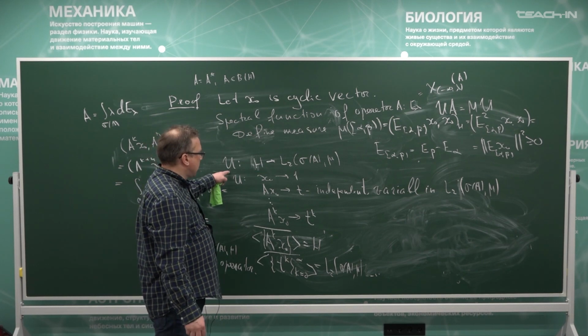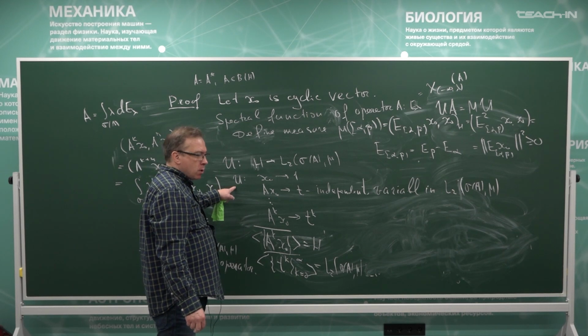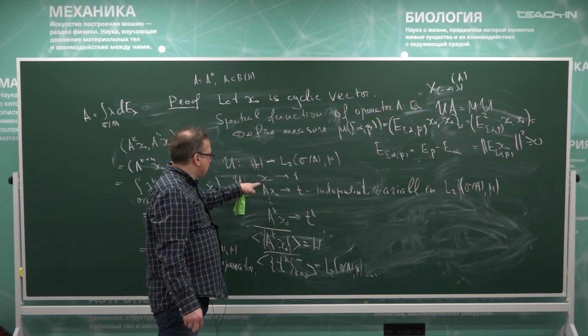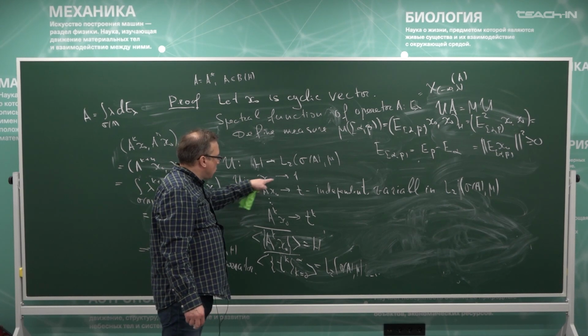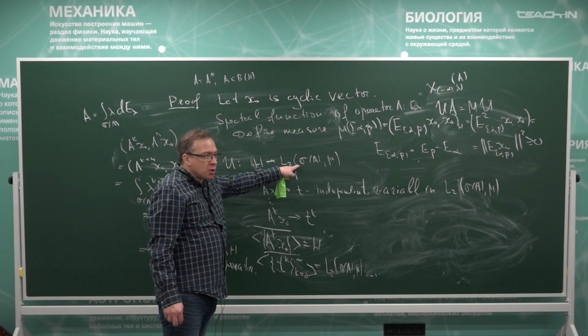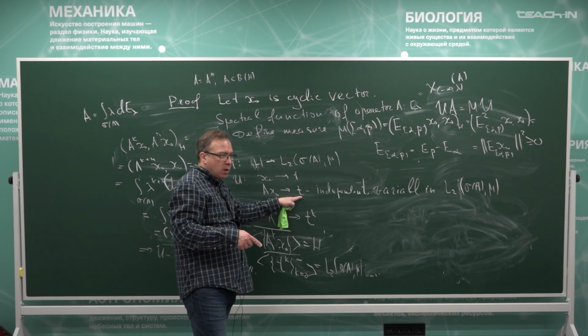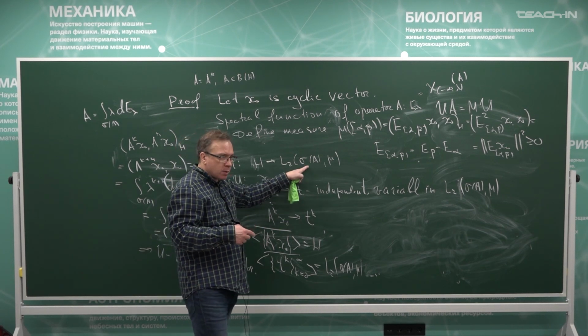And then you construct the unitary isomorphism. You take the cyclic vector and say that U x0 equals 1, where 1 is the constant function here. A x0 goes to t, where t is the independent variable in this space.